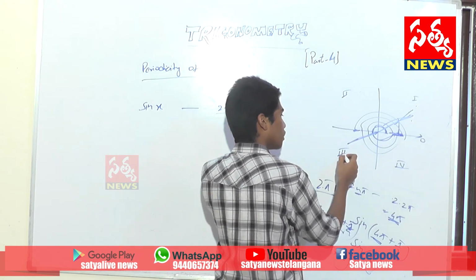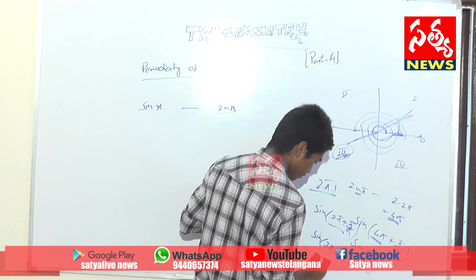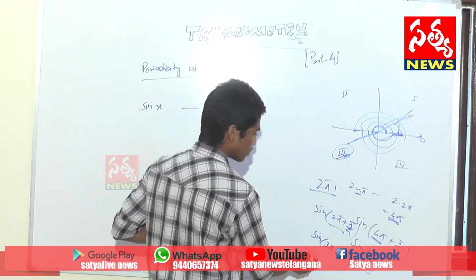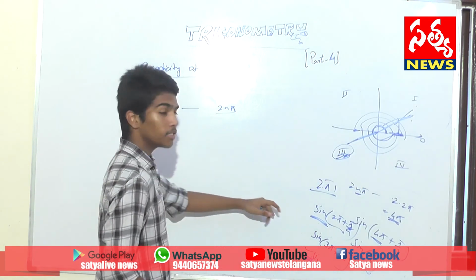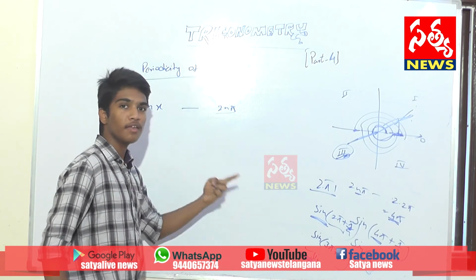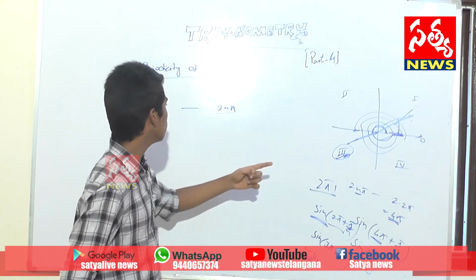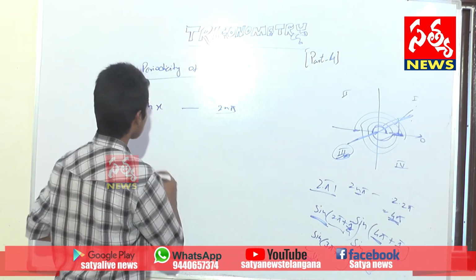That means it is in the third quadrant where we get the sign as negative. So this is not the same function we took at first. That is the periodicity. Periodicity means after any angle, we get the same value, sin x and sin x.